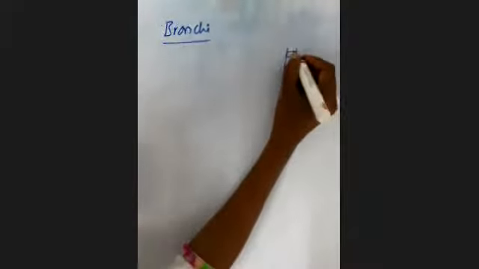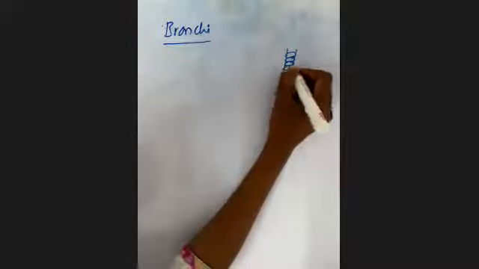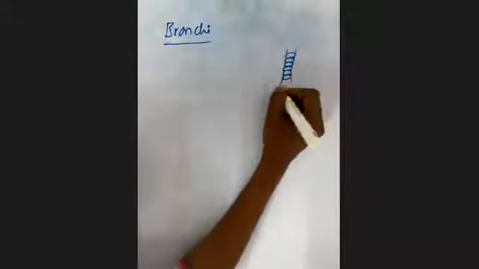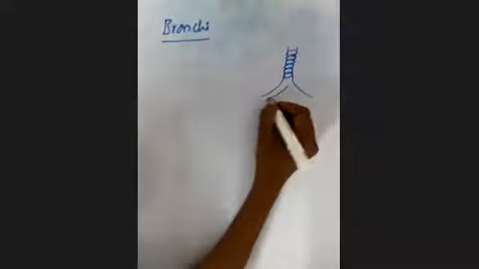This trachea branches into right and left primary bronchi. Suppose if you see, this is the trachea or the windpipe. This branches into the left and right primary bronchi.